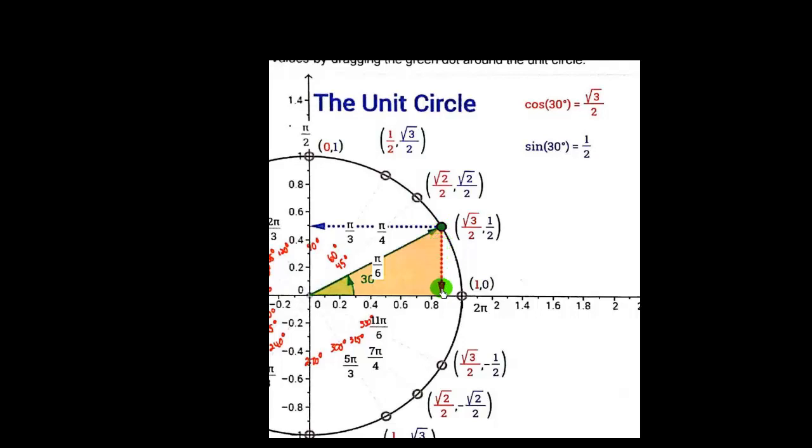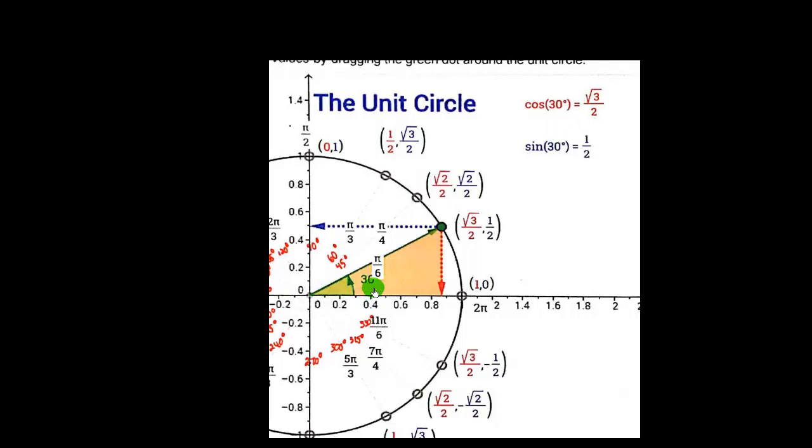The y-coordinate is 1/2. The x-coordinate is the square root of 3 over 2. So you could say the sine of 30 degrees, the y-coordinate, is 1/2. The cosine of 30 degrees, the x-coordinate, is the square root of 3 over 2.